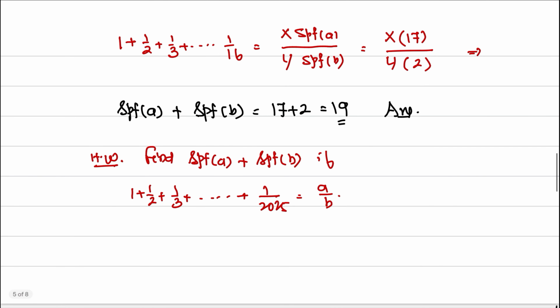I will give the hint here. What is P minus 1? This is P minus 1, that is 2025. What is P? P is equal to 2026. A is equivalent to 0 mod 2026 whole square.